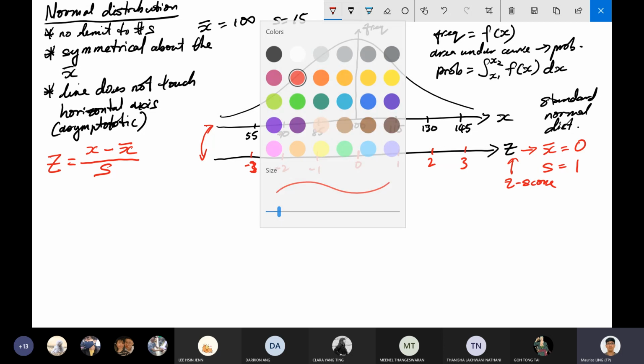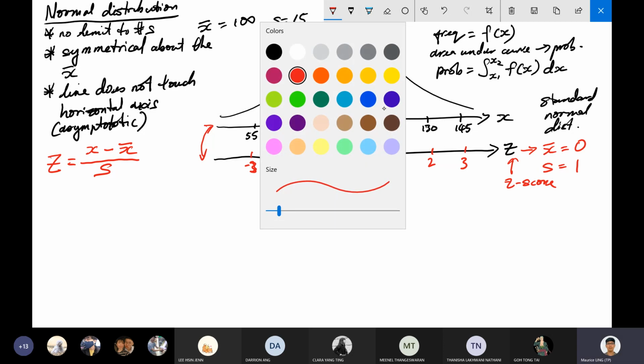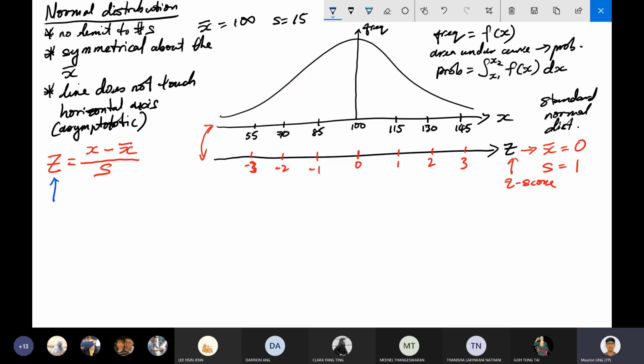With this z-score, you are saying that the value x is how many standard deviations away from the mean.